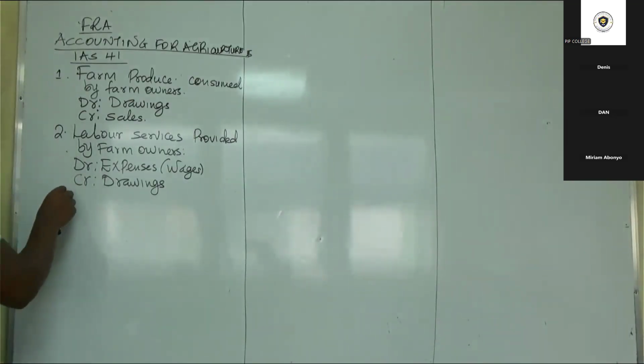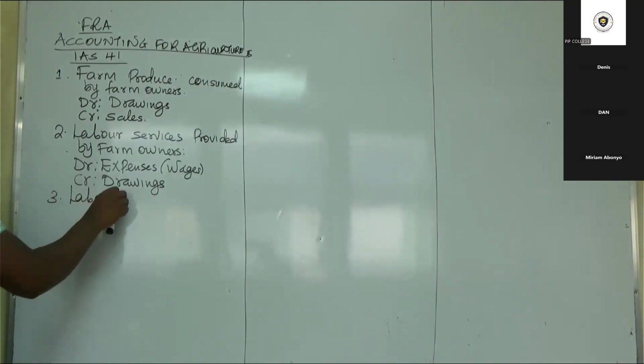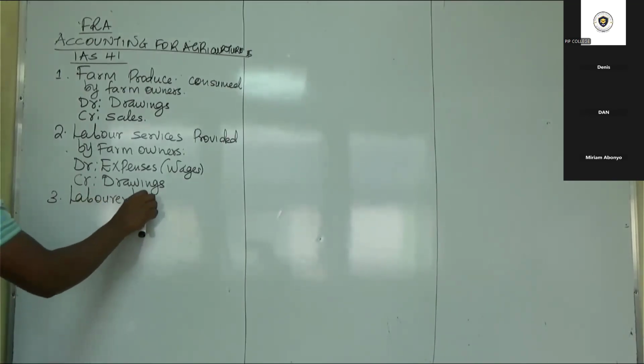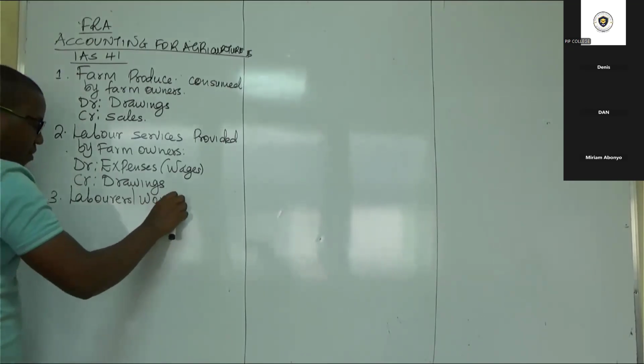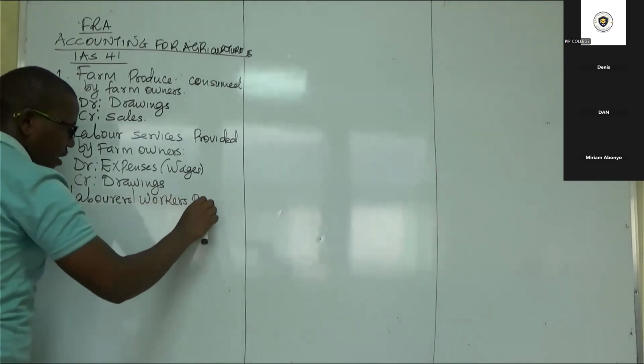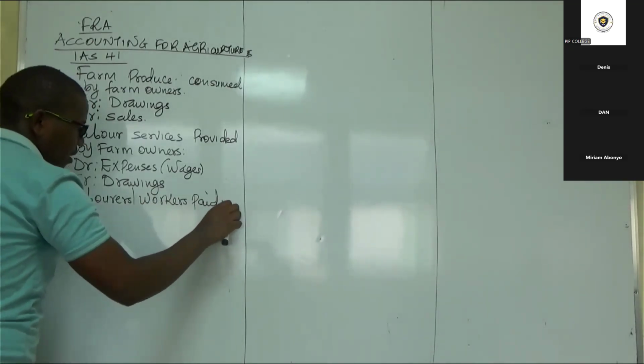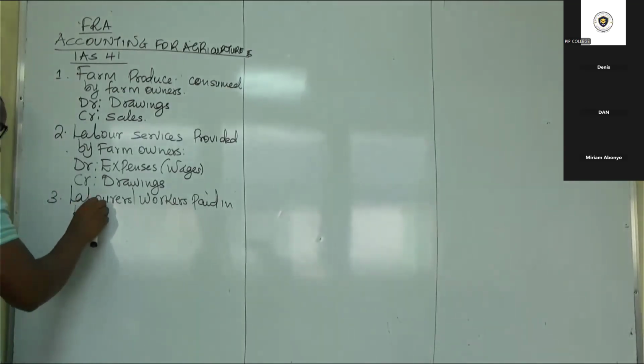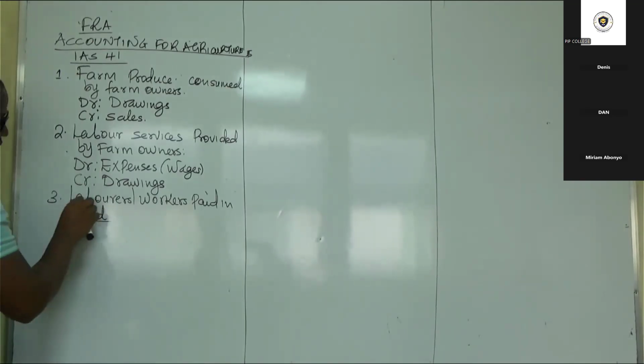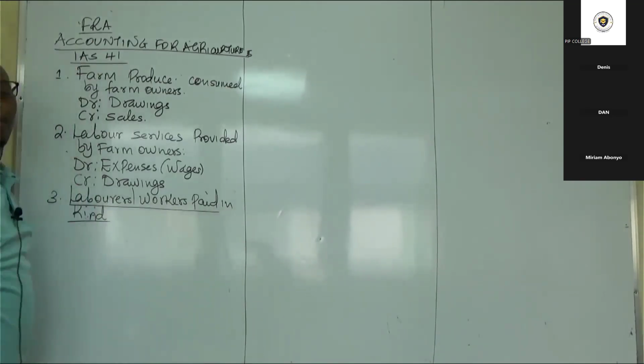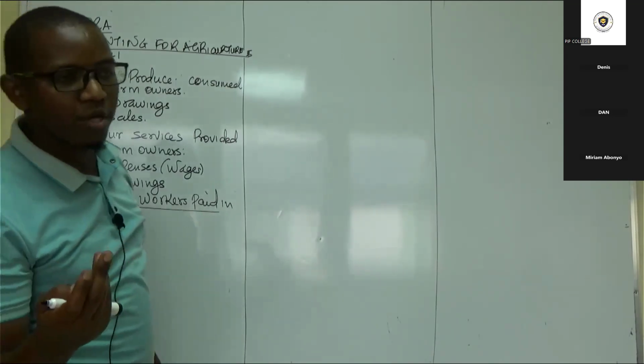Number 3 is the laborers or workers paid in kind, the benefits in kind. Now, if you pay them in kind, it will also increase the expense.